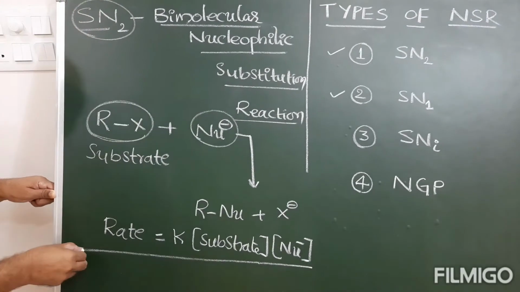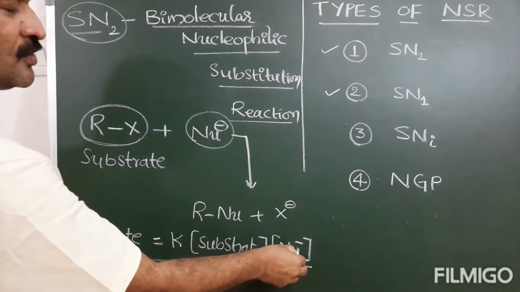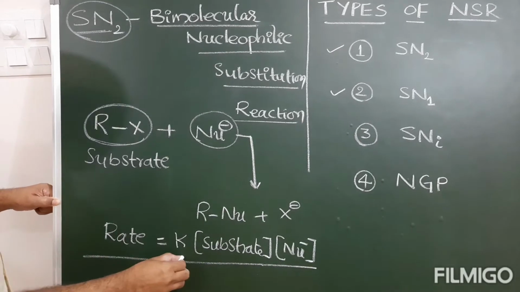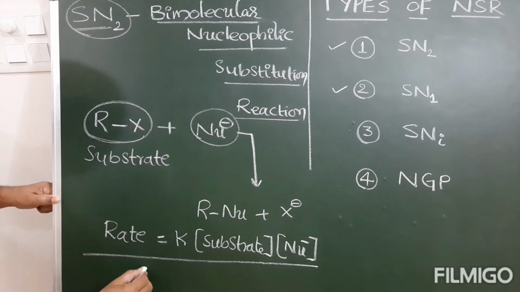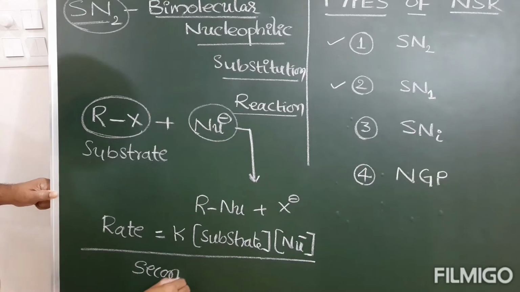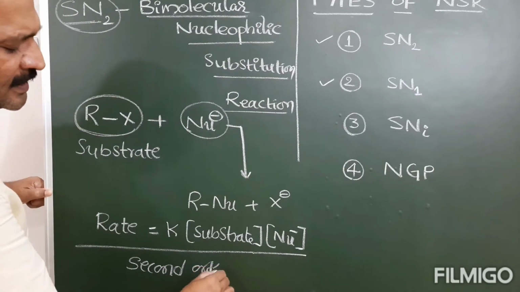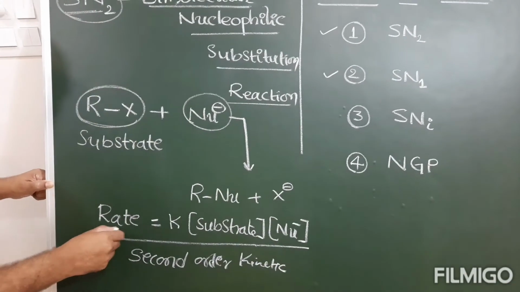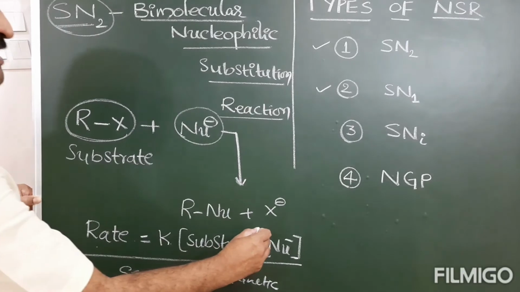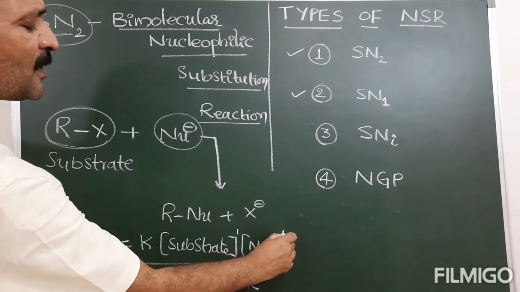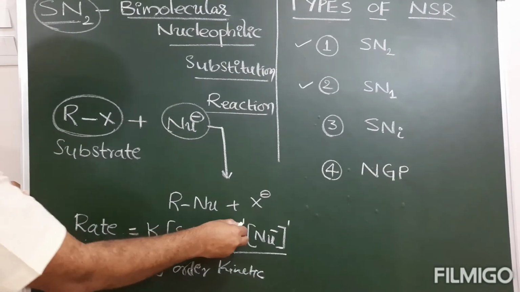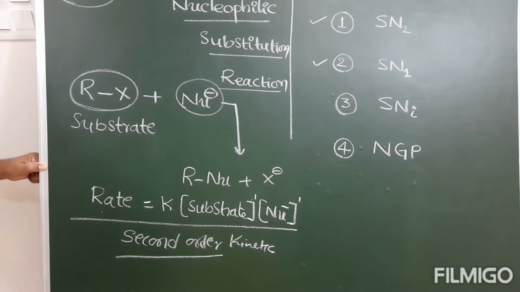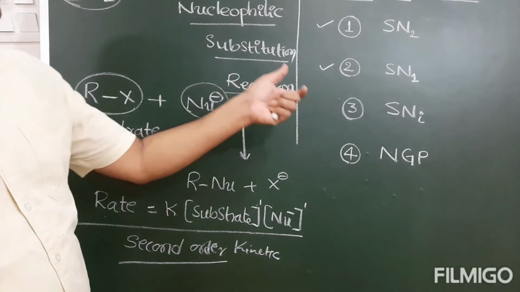If the rate is influenced by the substrate as well as the nucleophile, those reactions are SN2 reactions, and this reaction follows second order kinetics. Here the rate law represents rate is equal to k into substrate power 1 nucleophile power 1. So the sum of the powers is equal to 2, so it follows second order kinetics. Now we are going to discuss the mechanism.